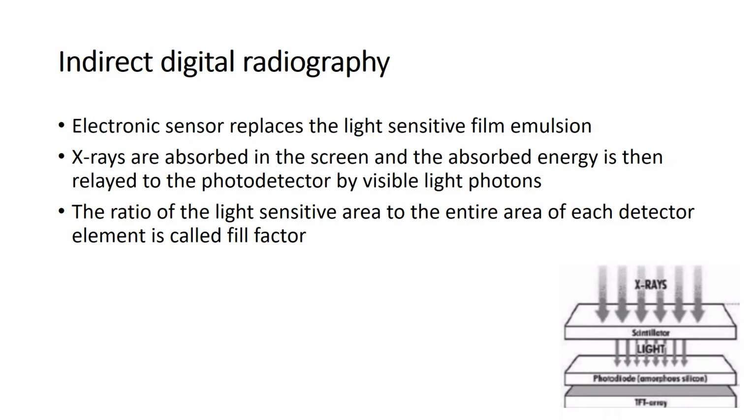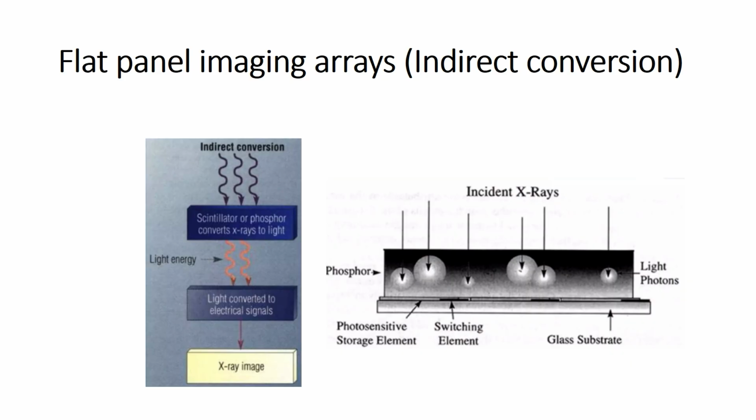The ratio of the light sensitive area to the entire area of each detector is called the fill factor. Okay. That means the fill factor is the ratio between the sensitive area and the entire area.